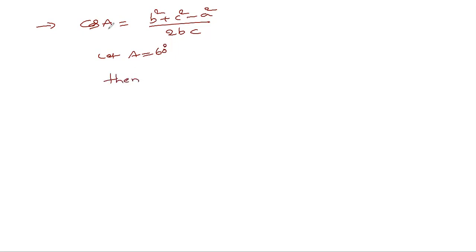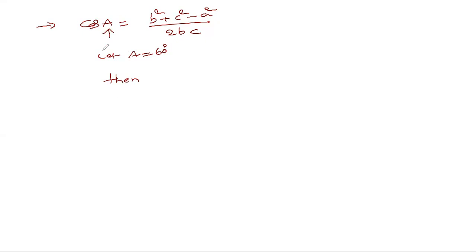Next note point. We know that cos A is b square plus c square minus a square divided by 2bc. Let us take angle A is 60 degrees. Then we can write by substituting cos 60 degrees.